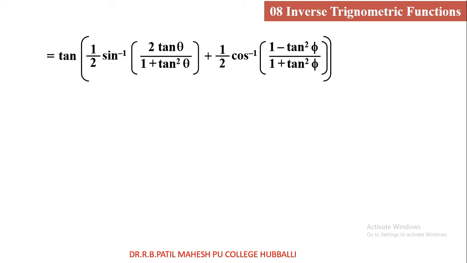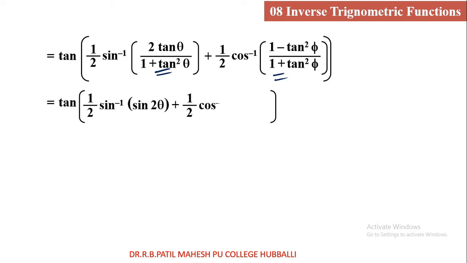These two are standard trigonometric formulas that we are going to replace now. So tan of 1 by 2 sin inverse of sin 2 theta plus 1 by 2 cos inverse of cos 2 phi.